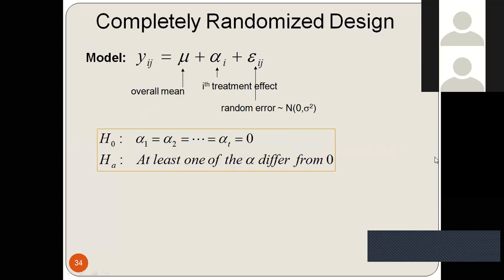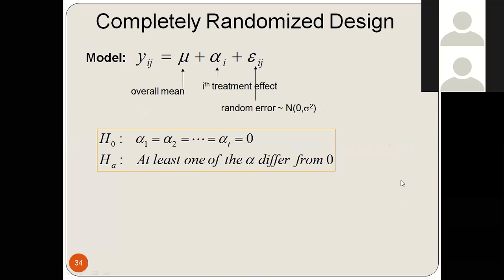Now we are coming a little more to some mathematical formulation for the completely randomized design. We have three components. This you should remember. This is the observed value, each observed value.